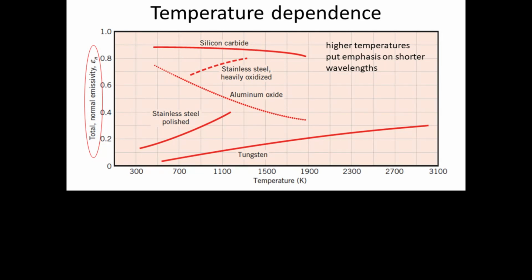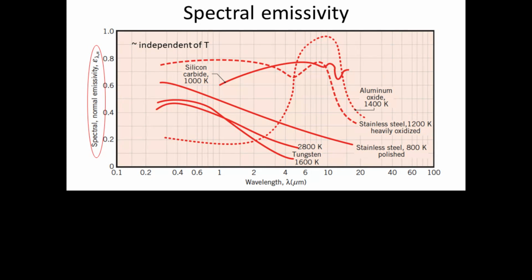So let's look at this. As we move to higher temperatures, Wien's law tells me I'm going to be putting emphasis on shorter and shorter wavelengths, right? I'm moving from the infrared to the red to the blue to the ultraviolet. So if I were to do this integral at low temperatures for stainless steel, I would be looking at emission around these wavelengths.